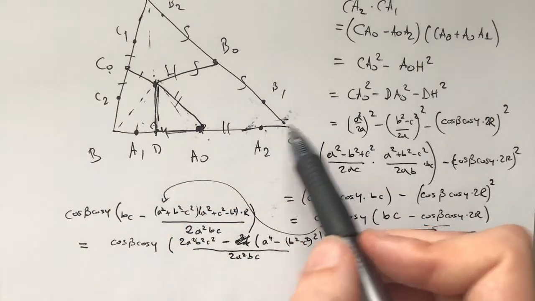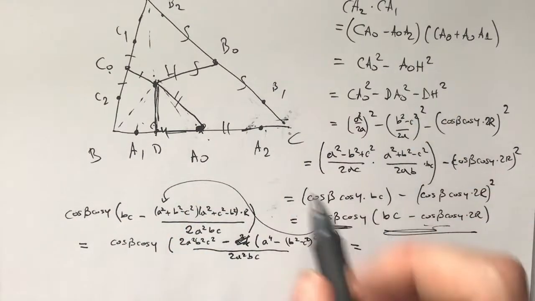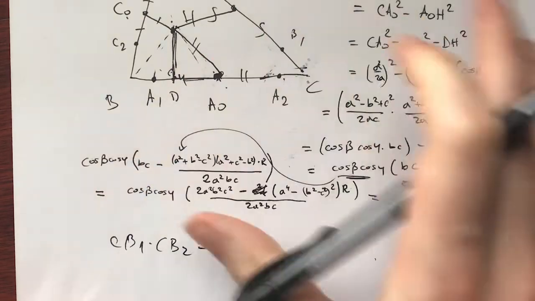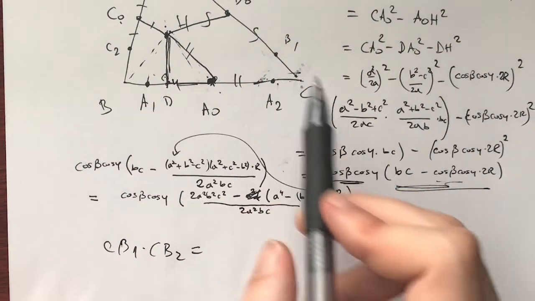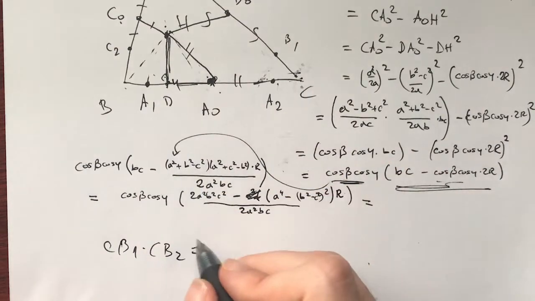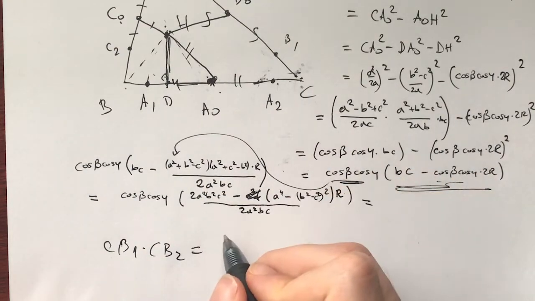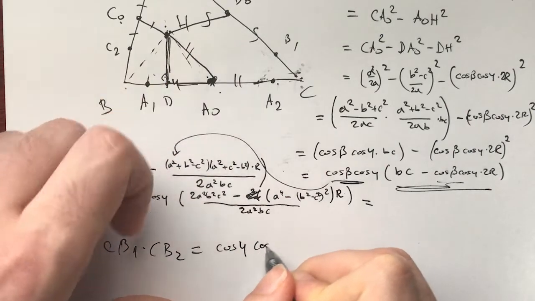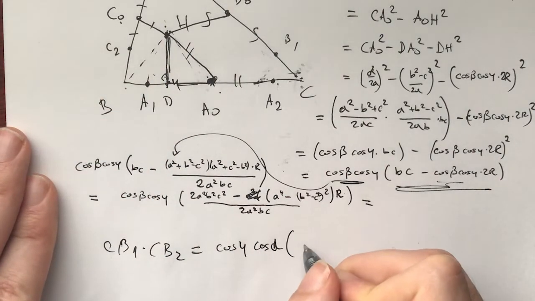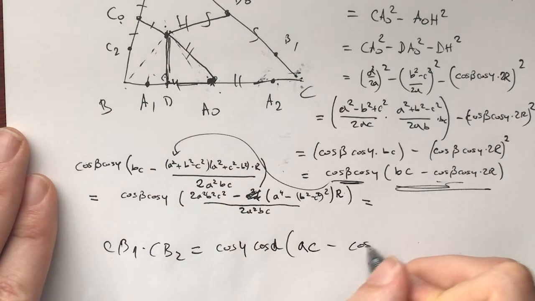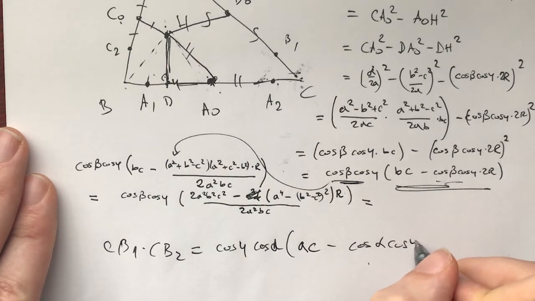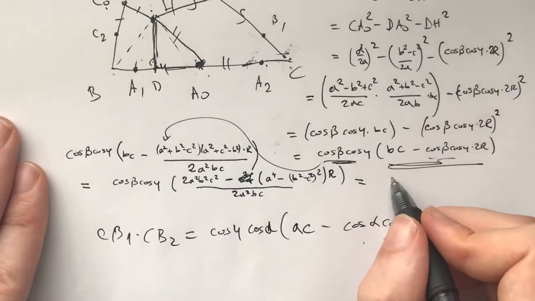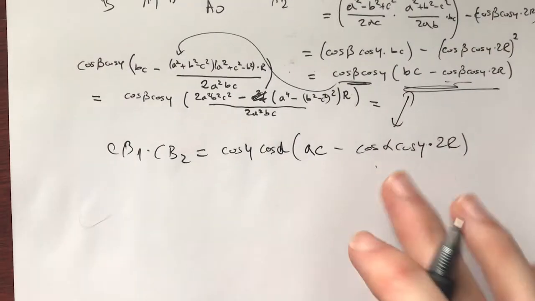And now to have CA1 times CA2 be equal to CB1 times CB2, by analogy, this is going to be cosine gamma cosine alpha AC minus cosine alpha cosine gamma times 2r. And we must prove that these two things are equal.